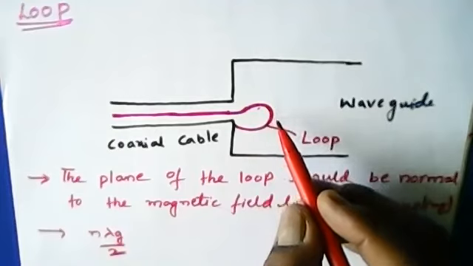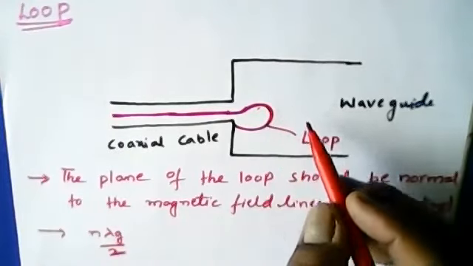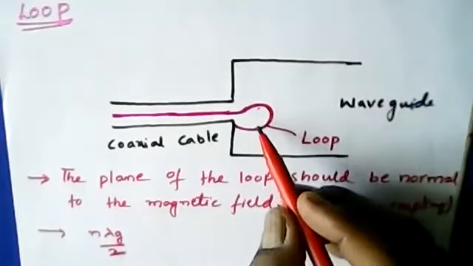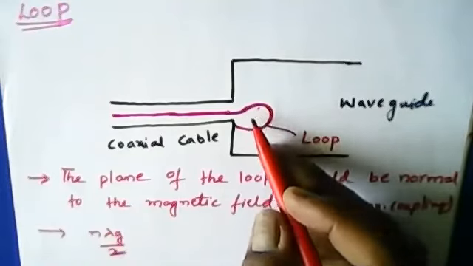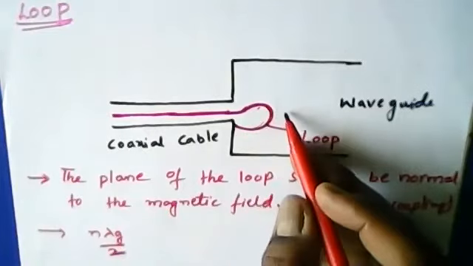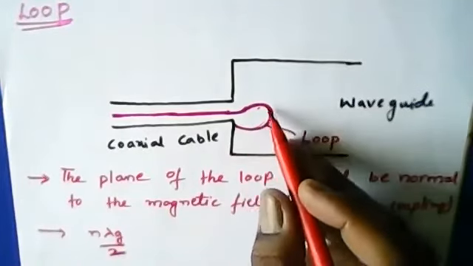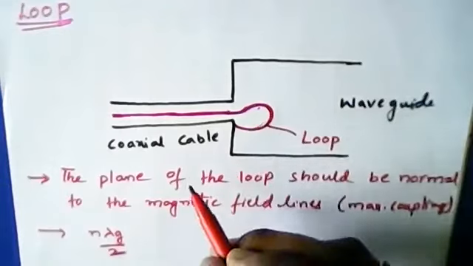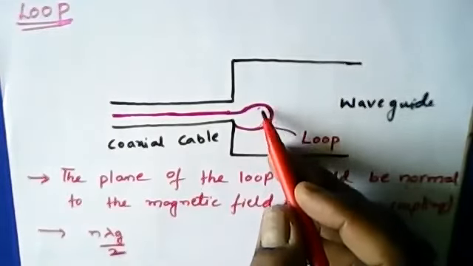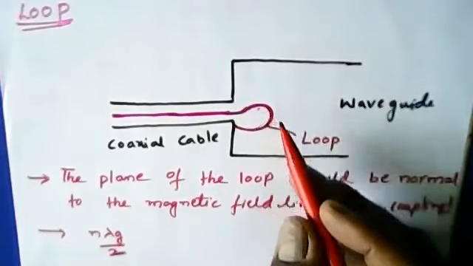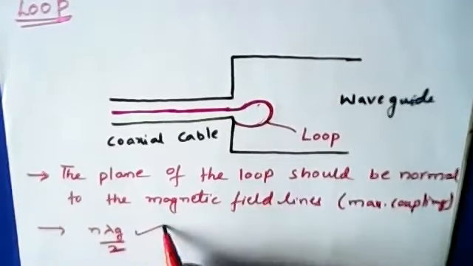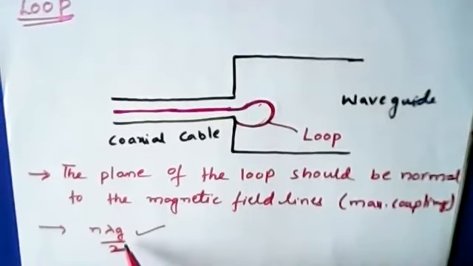There will not be a proper excitation into the waveguide if the shape is other than a smooth curve. The loop should be very smooth, the thickness should be chosen accordingly, and it has to fulfill the condition of lambda g by 2, half of the guide wavelength, in the waveguide.